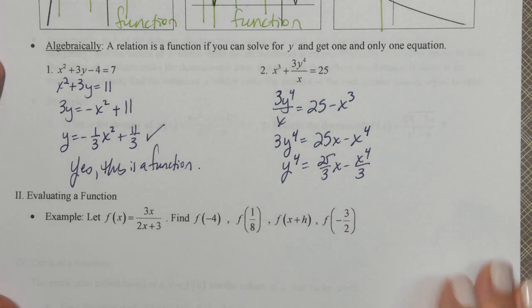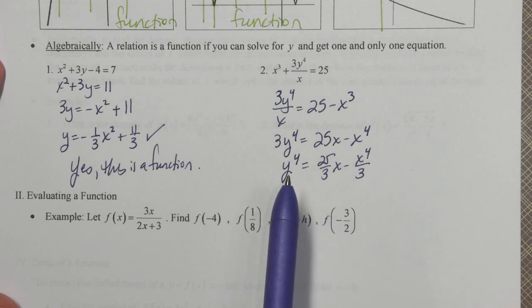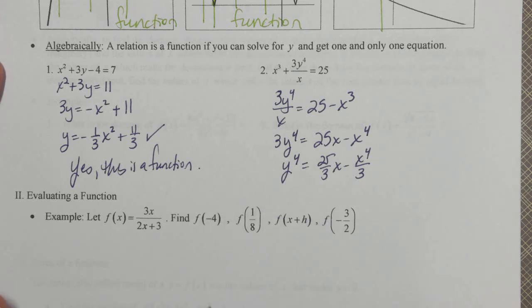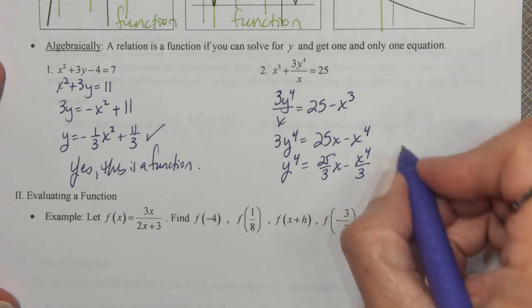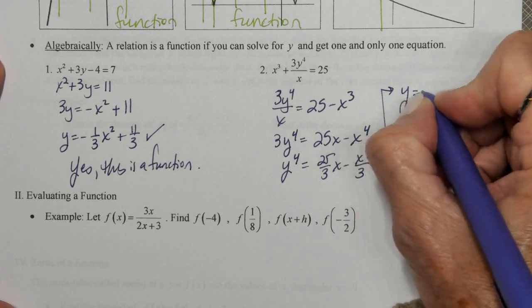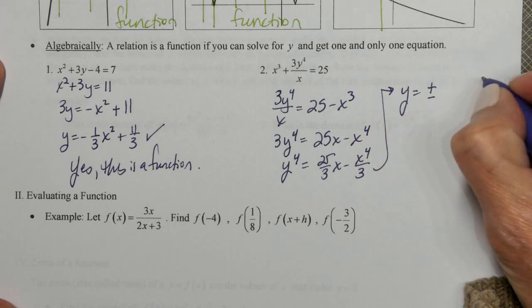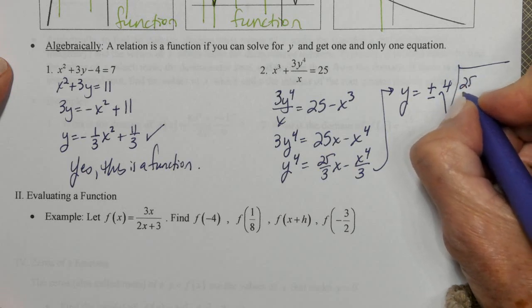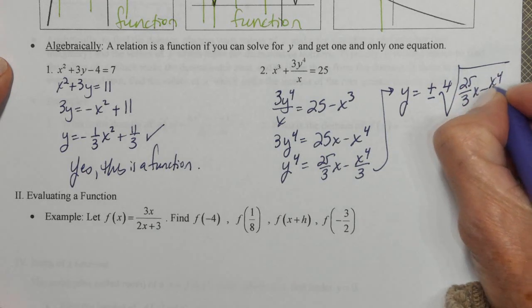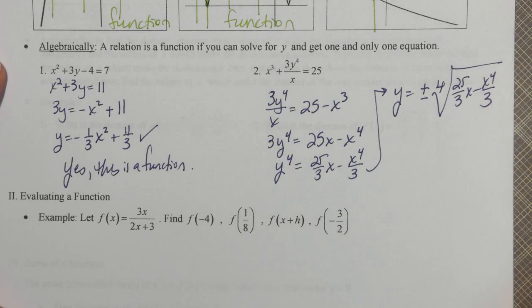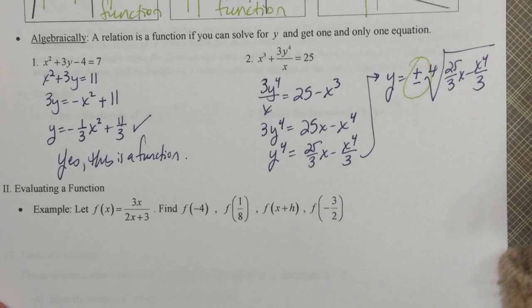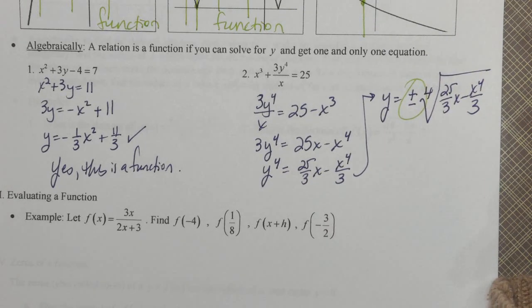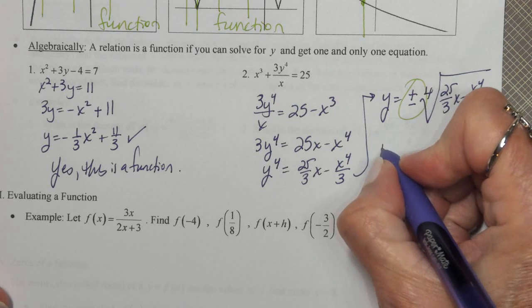And now, how do I get the y by itself? I need to take the 4th root of both sides, and therein lies the problem. When I take the 4th root of both sides, I will need plus or minus the 4th root of that other side. And that destroyed the possibility that this relation is a function. So this is not a function.